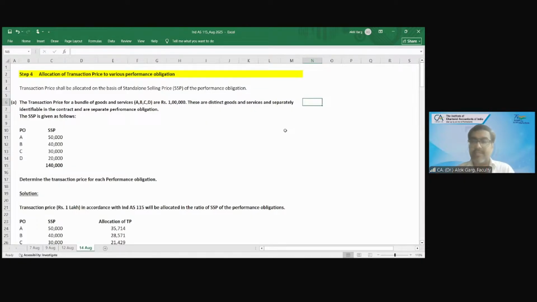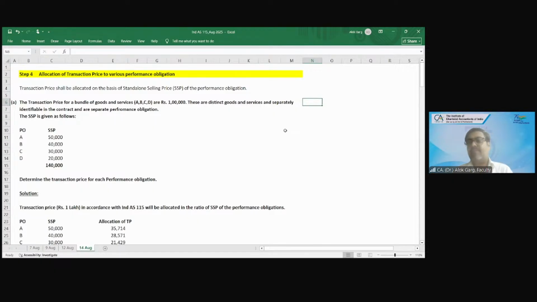We also discussed the concept of principal versus agent, and consignment. We also discussed the option of giving a material right to discount. Then we understood the concept of warranties, assurance type warranty and service type warranty.